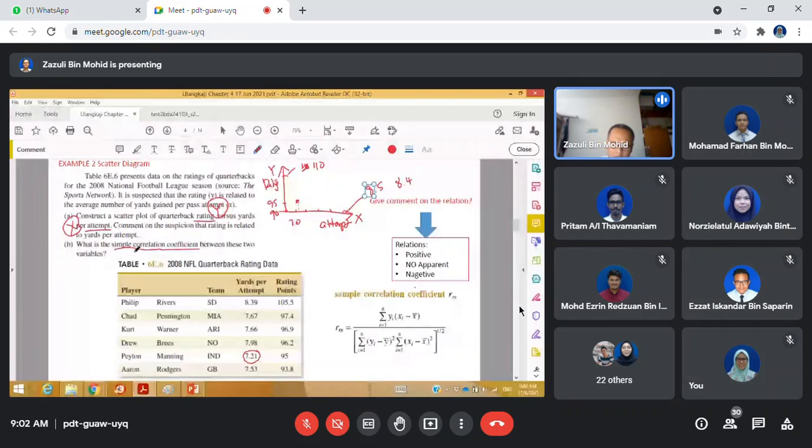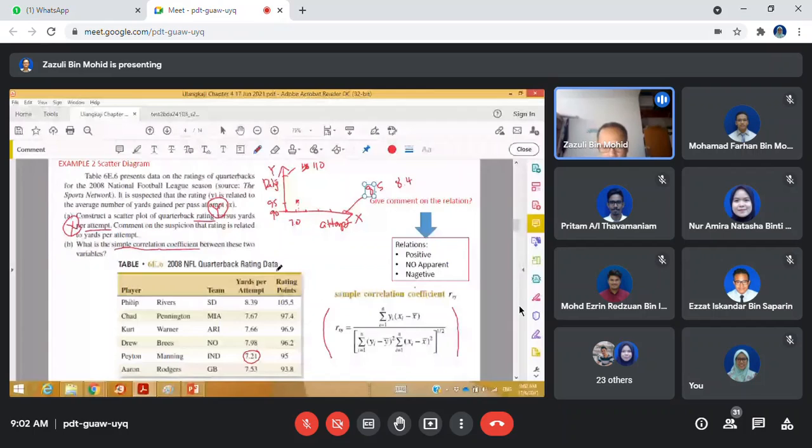Then you can calculate the simple correlation coefficient using this formula. Okay. In your slide, I think I forgot to put the formula, but you can refer to chapter 5, I think, if I'm not mistaken. But I've given it here, you can write it down.